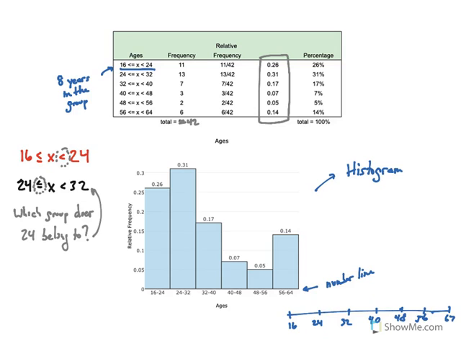And it's just a number line, and then we're taking that number line and dividing it into 6 chunks, 6 groups. The way that it's labeled in this histogram is just labeling those different groups, 16 to 24, 24 to 32. But what we're really doing is taking a number line and dividing it into 6 equal parts.